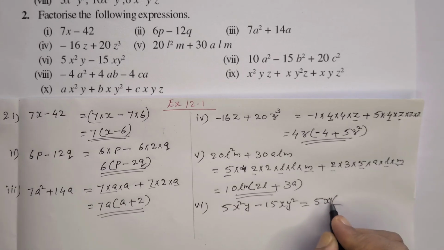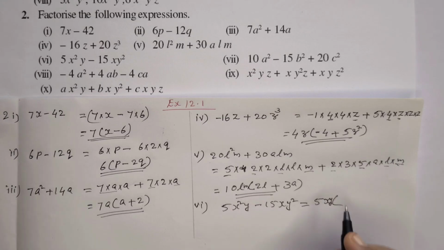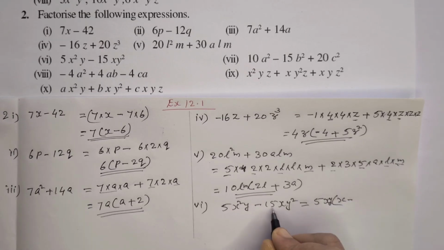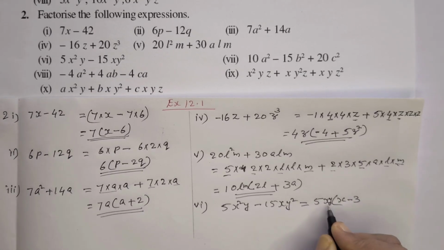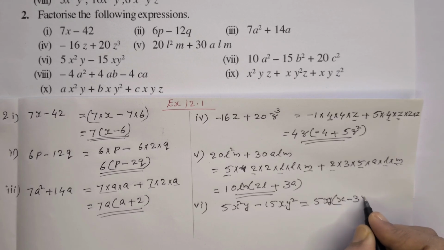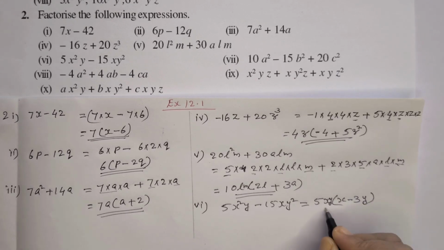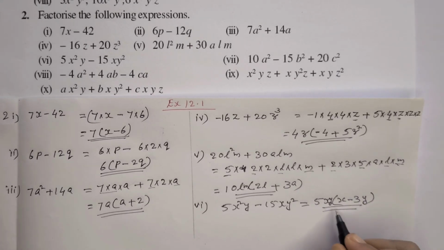So we can take one y also as common. 5xy is common. Then what is remaining here? x. Here 5 we have taken, 15 we can split as 5 into 3. So 5 already took out, then 3 is there. xy we already took out, then 1 y is there. So x minus 3y. Directly also we can factorize this type of questions. 5xy into x minus 3y.